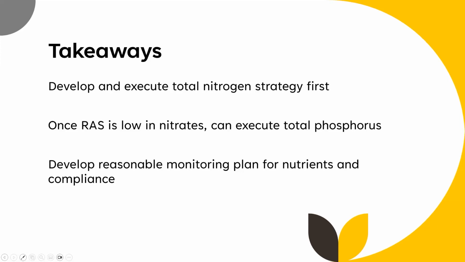Once you get a return activated sludge that's low in nitrates, then you can look at executing total phosphorus removal biologically. And then every facility is going to vary, but work on developing a reasonable monitoring plan for nutrient levels within your plant and for compliance purposes as well. So, many of you have probably got into the industry where you would check your settleability and your ammonia on a regular basis.